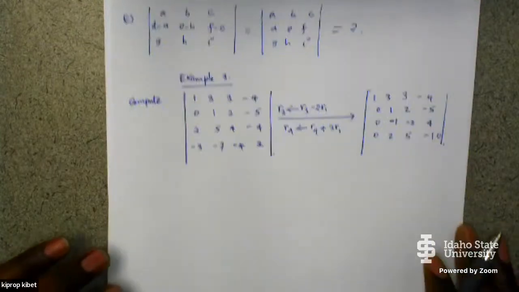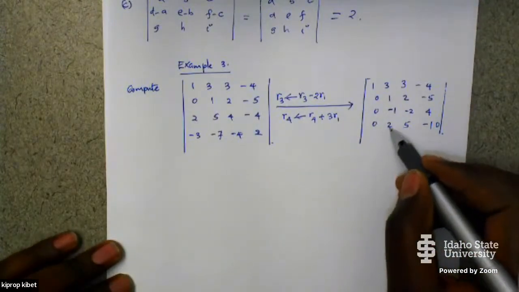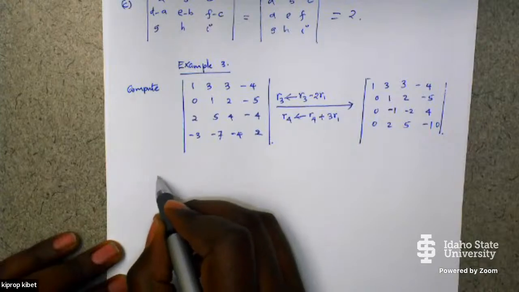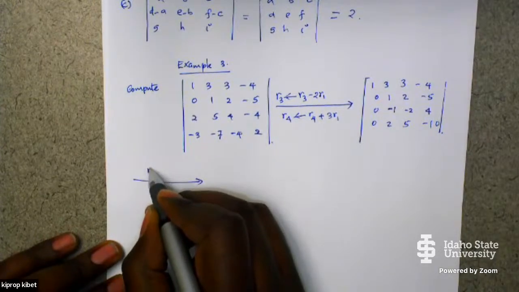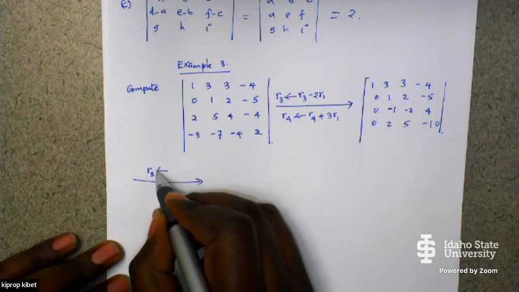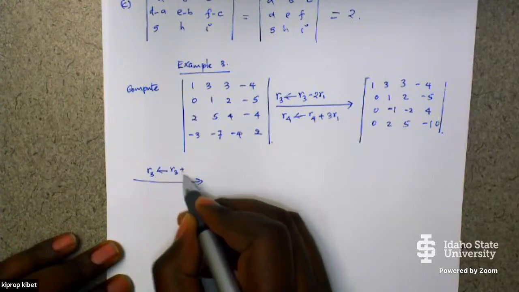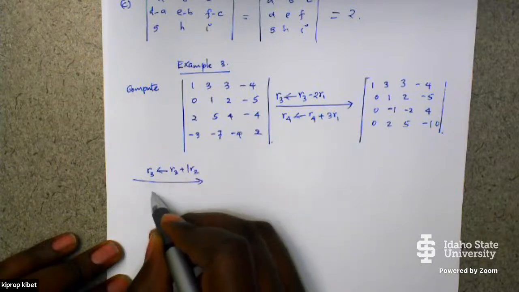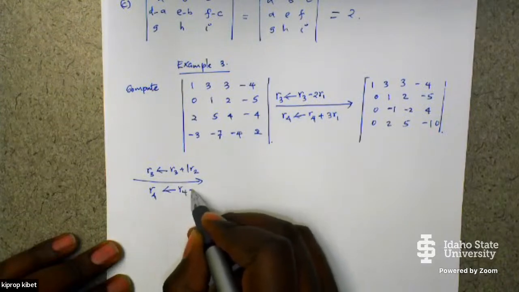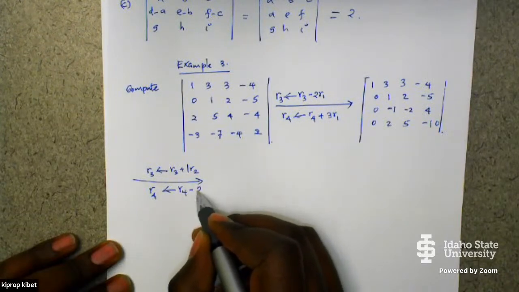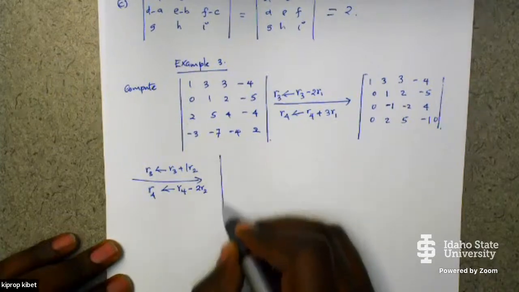Again, we reduce this one and this one to 0. To get the new R3, we take R3 plus 1 R2, and to get R4, we take R4 minus 2 R2. And what do we get?